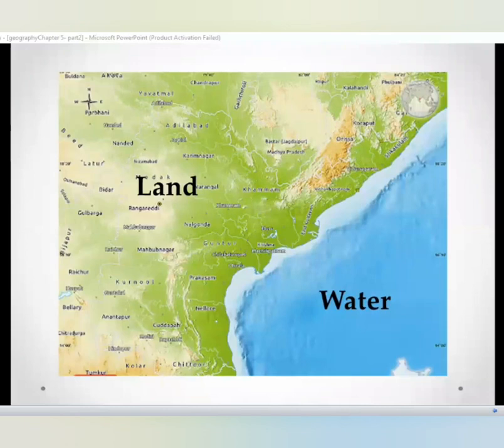I repeat it again. See, पानी के ऊपर की जो एयर है यहाँ का टेम्परेचर डे टाइम में कूल रहता है, whereas नाइट टाइम में हॉट रहता है. और लैंड के यहाँ पे डे टाइम में यहाँ का टेम्परेचर हॉट रहता है एंड नाइट टाइम में यहाँ का टेम्परेचर कूल रहता है.